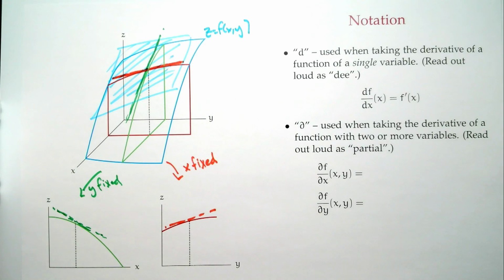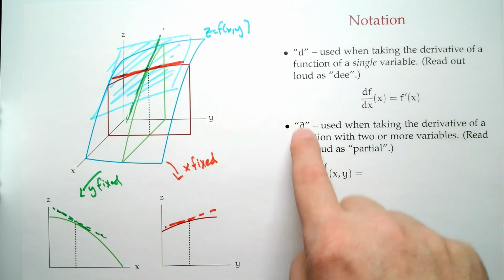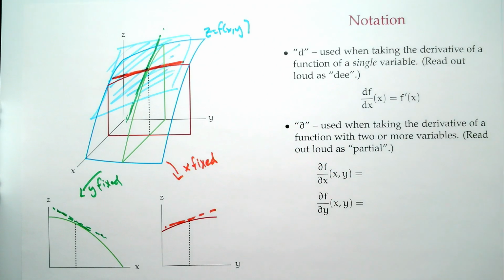So what do we have? Both these symbols are indicating a derivative. So when do we use them? We use the letter D to indicate a derivative when we're taking the derivative of a function of a single variable. So when the output only relies on a single input, that's a function of a single variable.